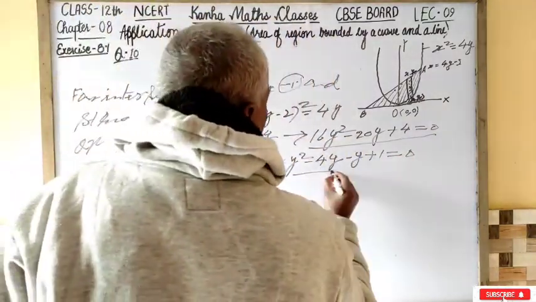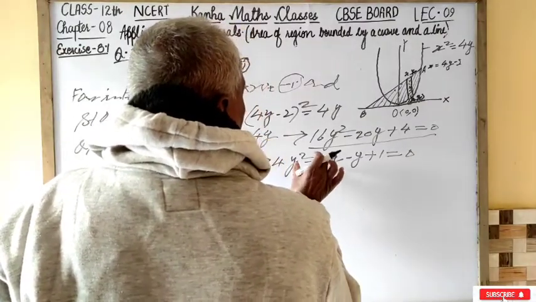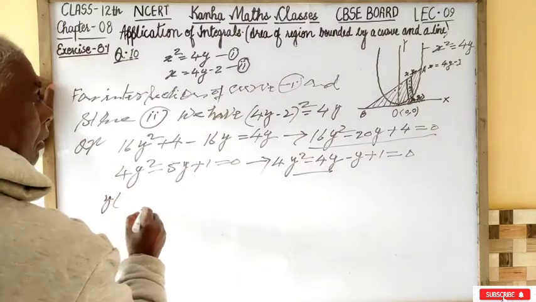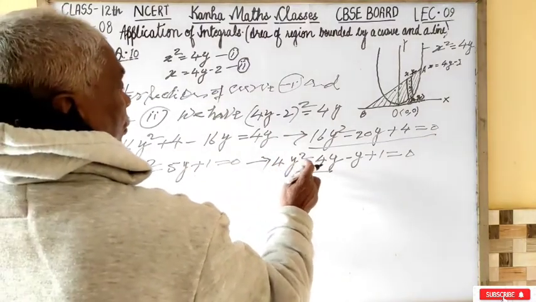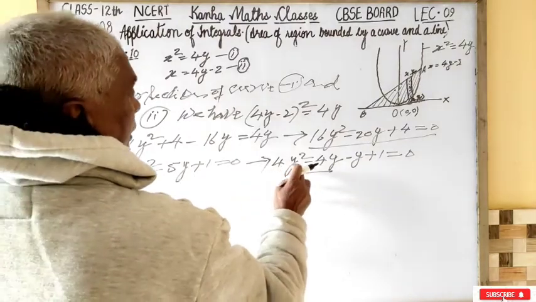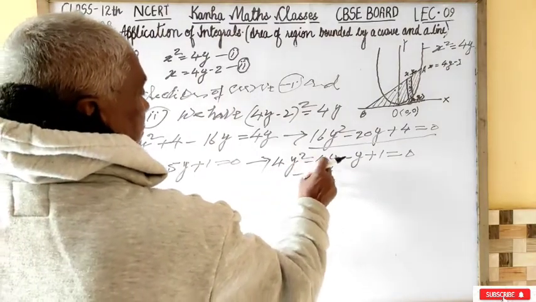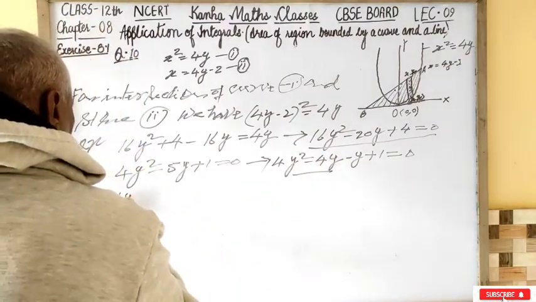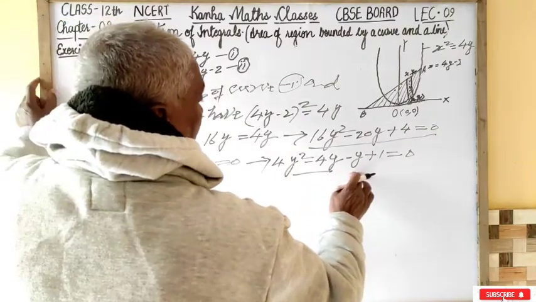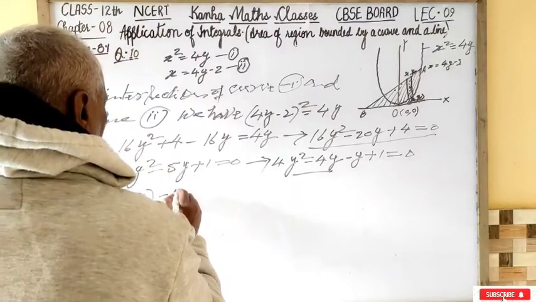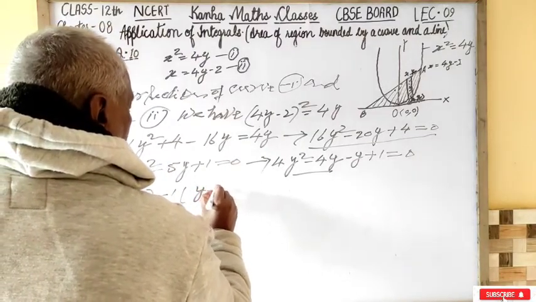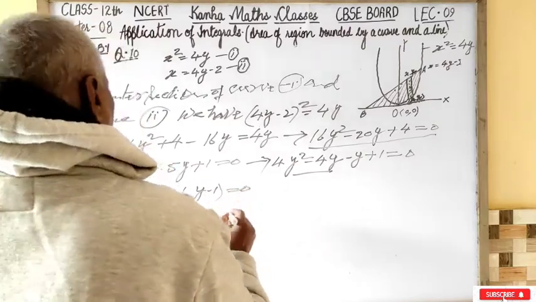Or by taking common, here 4y, you may take common as 4y, y minus 1, and here minus 1, this is equal to y minus 1 is equal to 0.